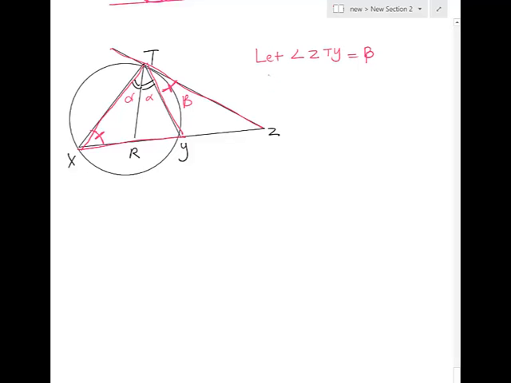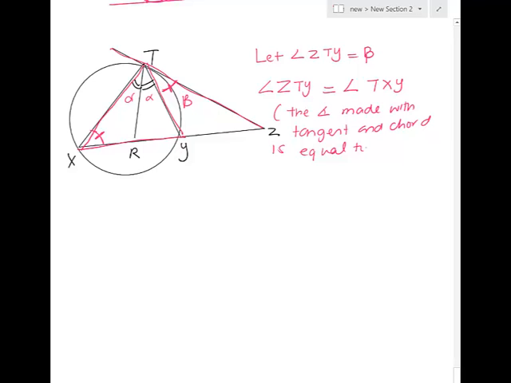We know that angle ZTY equals angle TXY, and the reason is the angle made with tangent and chord is equal to the angle in alternate segment.